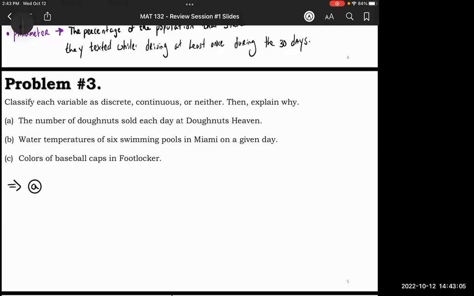It's discrete, because you can count the amount. Careful, you can't say both measure and count. It has to be one. You can count, that's it. Part A, it's discrete because that data set is countable, and countable implies that the data can only take on specific values.